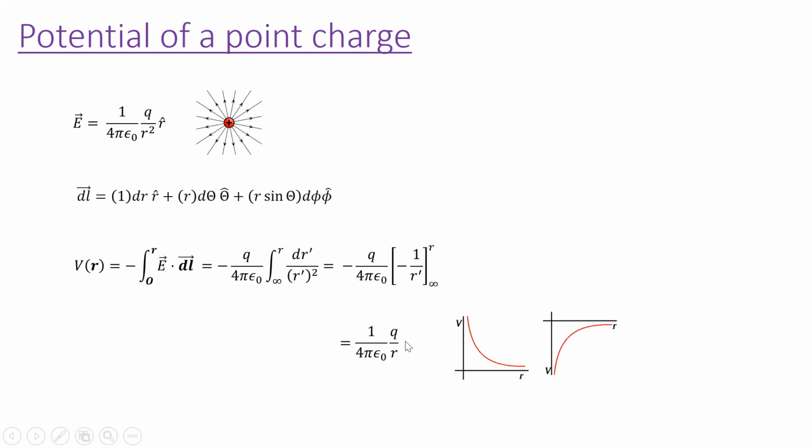For a positive point charge, if Q is positive, it diverges to positive infinity when R is small, and then it decreases to 0 as R goes to infinity, as we chose by choosing our origin at infinity. And for a negative point charge, a negative Q, it's just going to go to negative infinity as R goes to 0.